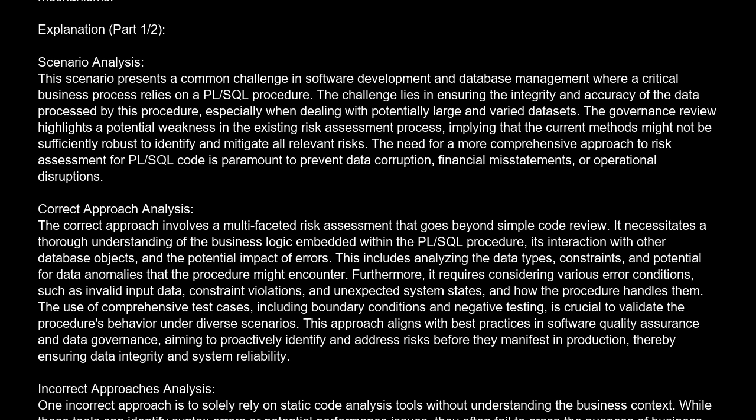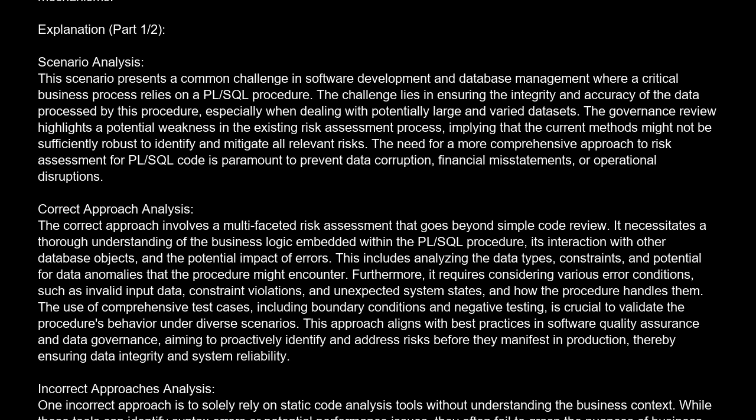The correct approach involves a multifaceted risk assessment that goes beyond simple code review. It necessitates a thorough understanding of the business logic embedded within the PL/SQL procedure, its interaction with other database objects, and the potential impact of errors. This includes analyzing the data types, constraints, and potential for data anomalies that the procedure might encounter.